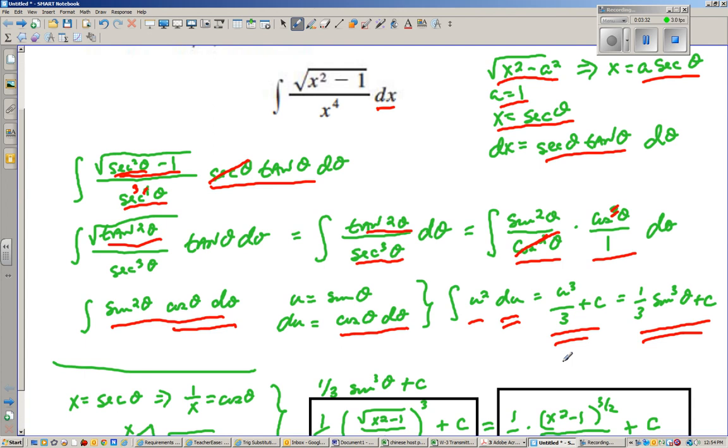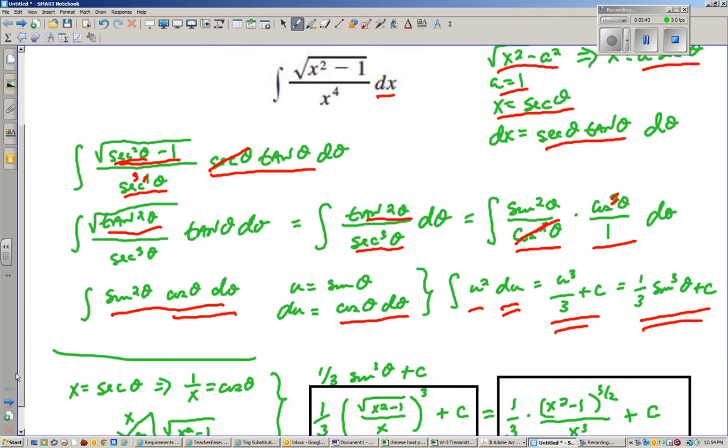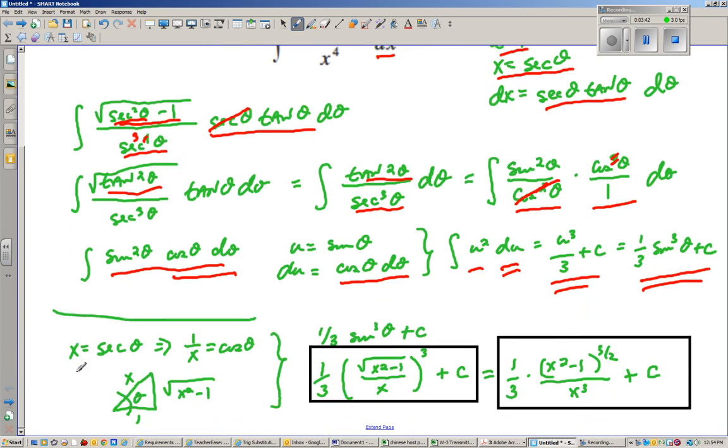The original problem was written in x, so we need to go off now and say, geez, our original substitution was x equaled secant theta, which implies that 1 over x is cosine. So I draw my little generic triangle and think about the relationships to theta. Adjacent over hypotenuse makes this the 1, and this the x, and means that the altitude has to be radical x squared minus 1.